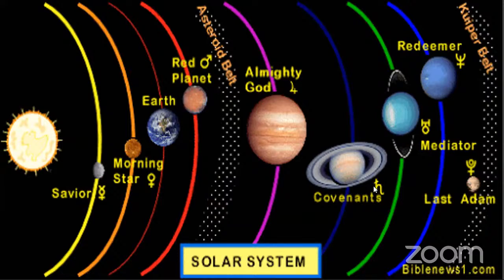Saturn, then 4, 5, 6, 7, 8. This is Neptune, they can call.